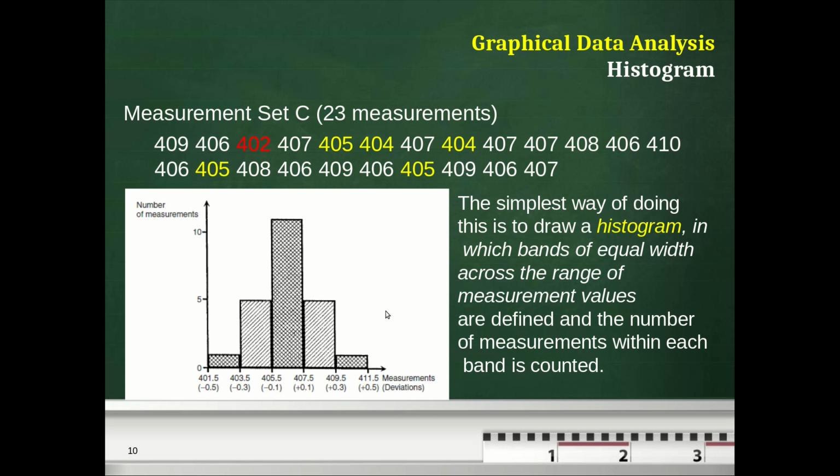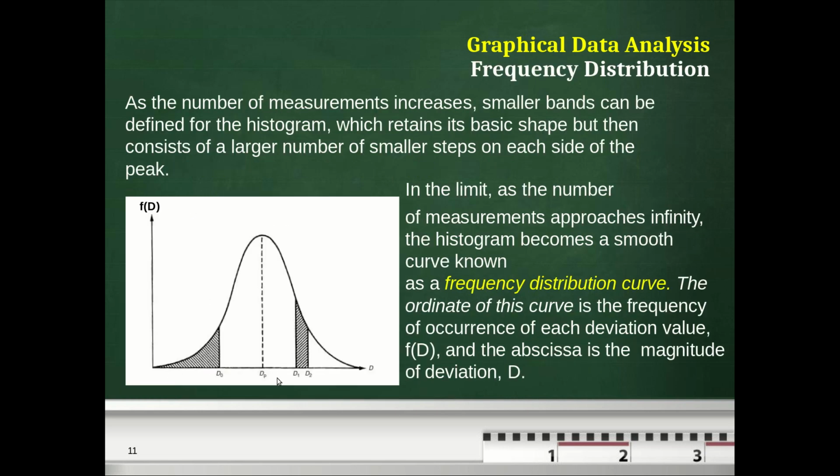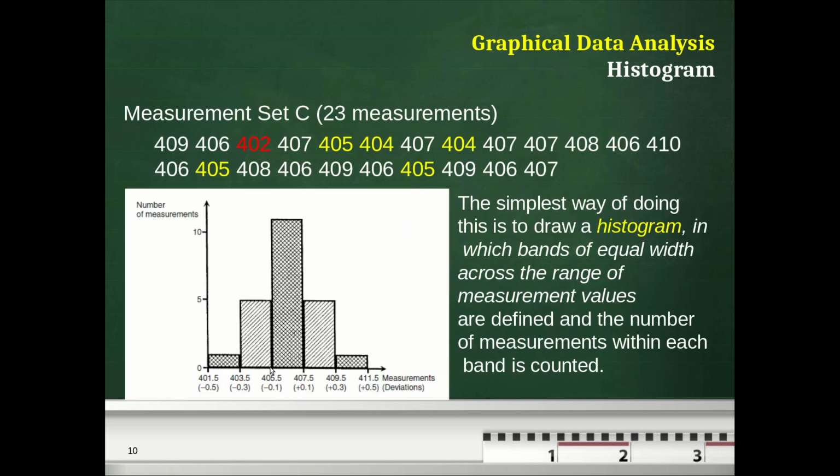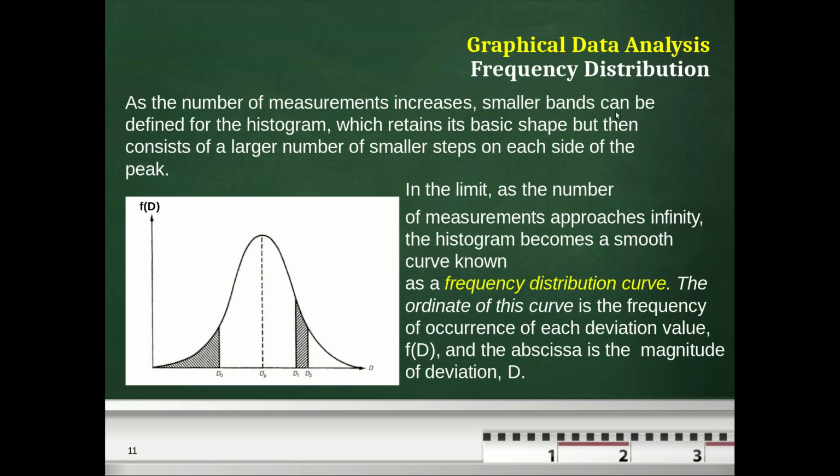If you increase the number of measurements to a very high number, then you will see that the deviation range corresponding to each block, which here is very large, gets smaller, and you see this shape. This shape we call the frequency distribution curve.